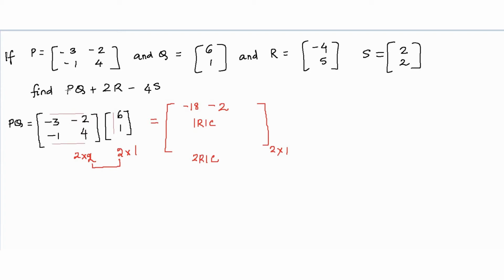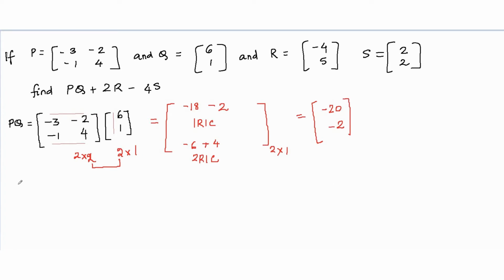So it would be minus 1 into 6 is minus 6, and 1 into 4 is 4. And therefore this matrix becomes negative 18, negative 2, that is negative 20, and negative 6, positive 4, which is negative 2. So this is the matrix PQ.